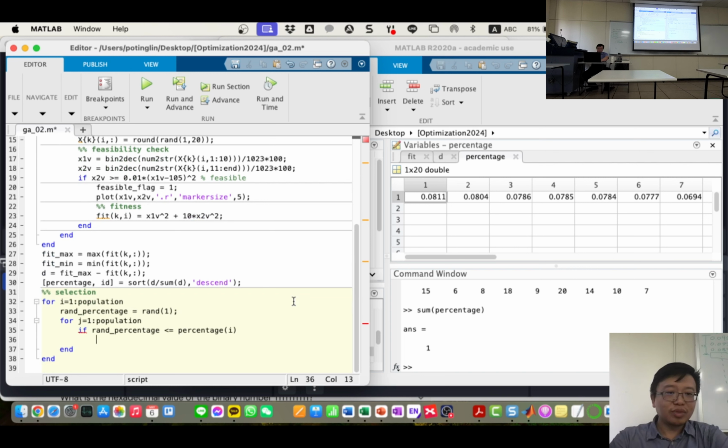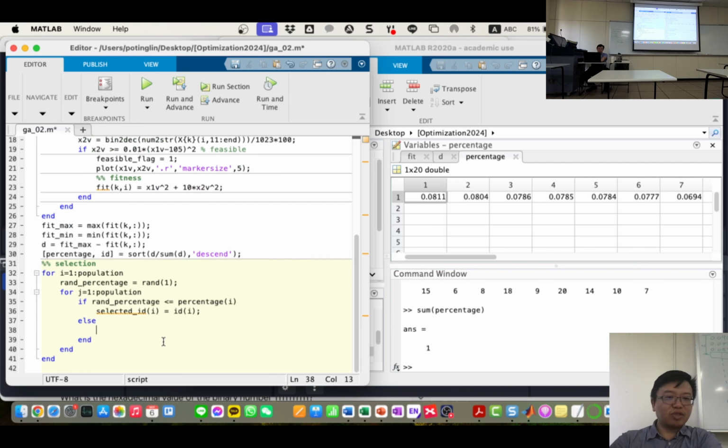So selected ID i is the ID i. So if the first one is the one, then that particular one is chosen. But if it's not, that means you need to move on to the next one.